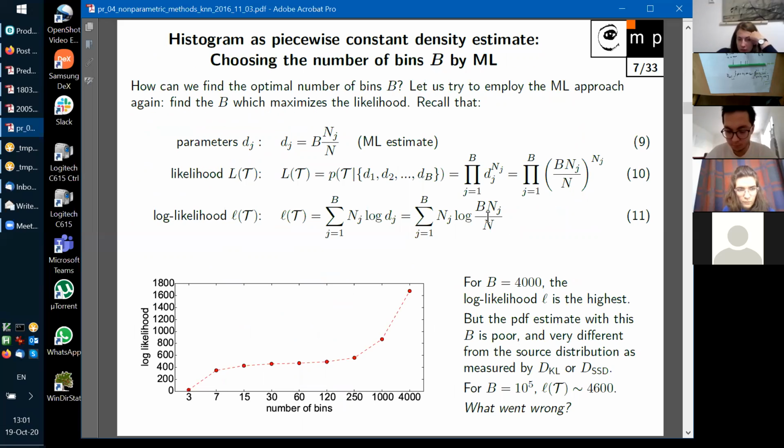The first thing is that it shows, in our particular experiment, that you cannot use the maximum likelihood principle to choose the number of bins, because the larger the number of bins, the higher the likelihood. We looked at this extreme case and this is not good.